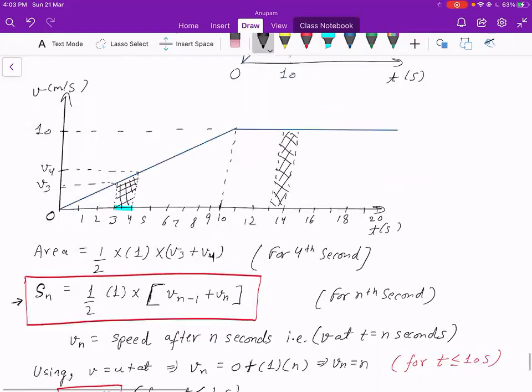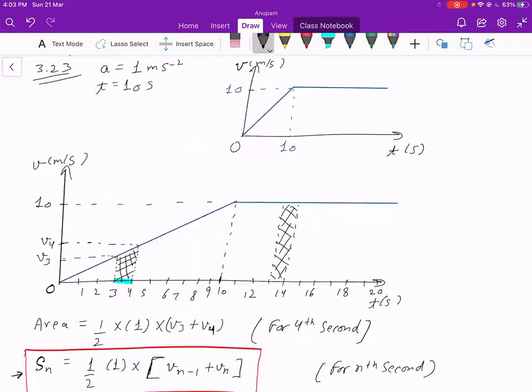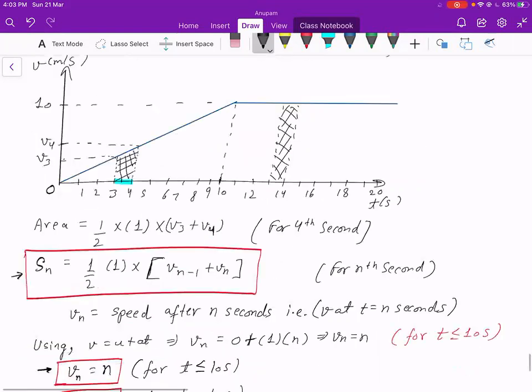Because this is also a trapezium, by the way, and Vn minus 1 and Vn both have become equal now. So both the sides of the trapezium becoming equal, this has now become a parallelogram, or even you can say a rectangle.